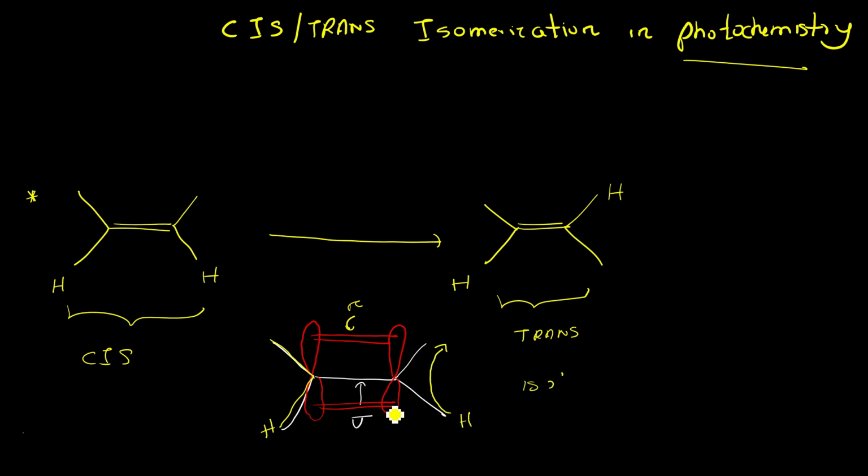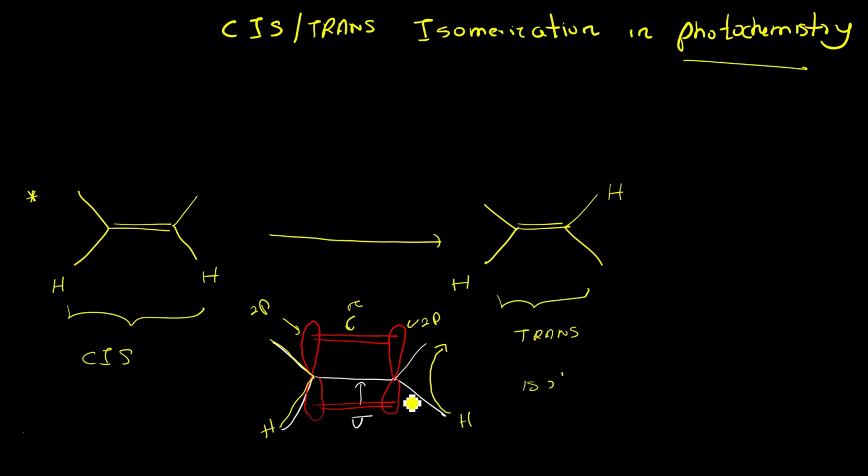Just imagine this. When you rotate this, these two p orbitals are also rotating. But these p orbitals are not changing, they are staying still. Only these p orbitals will change, they will rotate along with these bonds.